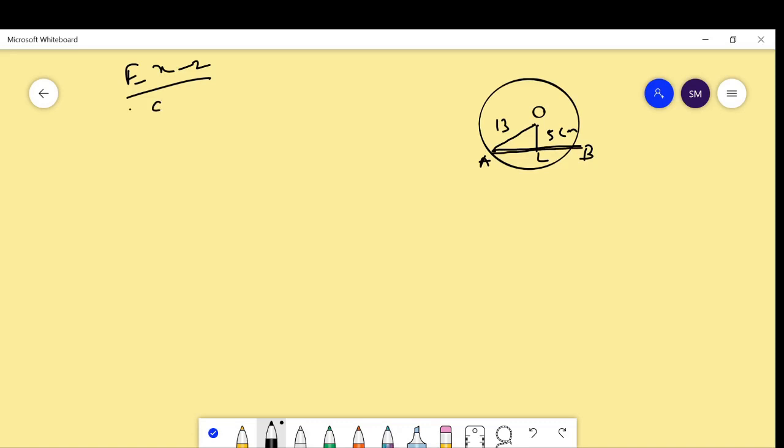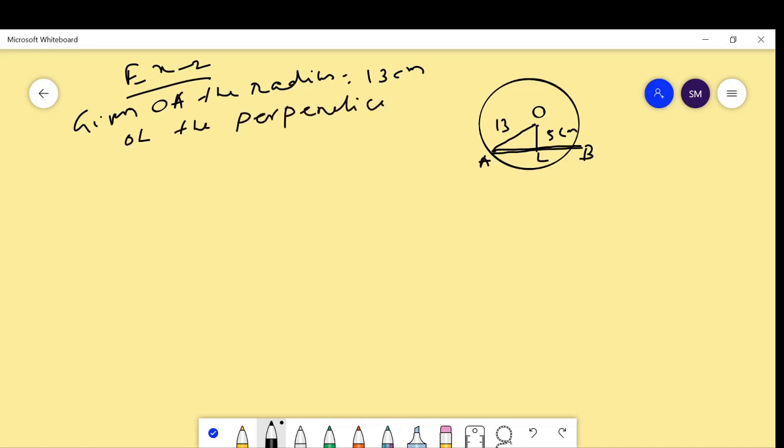Here the radius OA is equal to 13 cm and OL, the perpendicular distance, is equal to 5 centimeter.